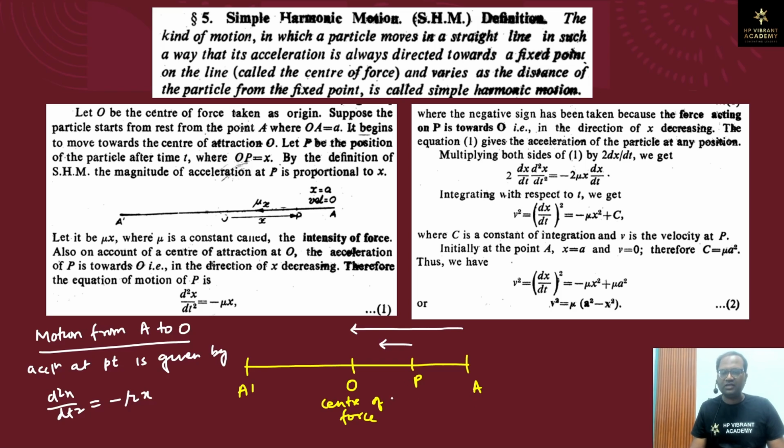From A to O, x is getting decreased from x equal to A to x equal to 0. So there is a decrease in the value of x, and we take a negative sign.